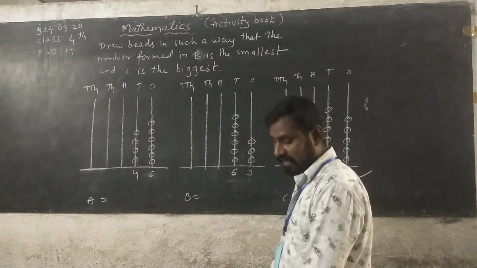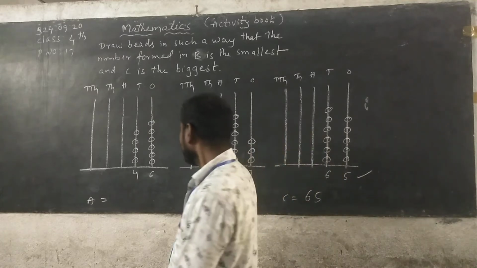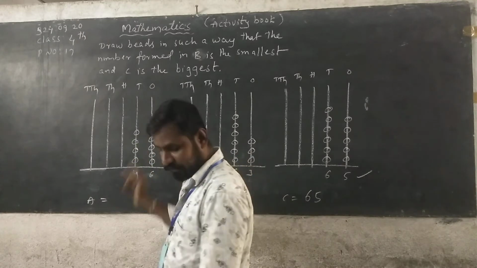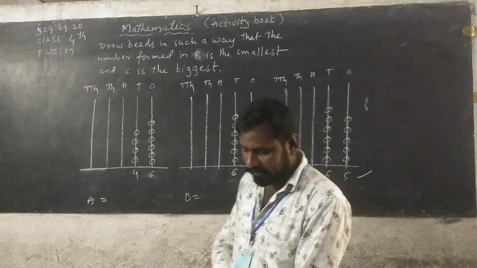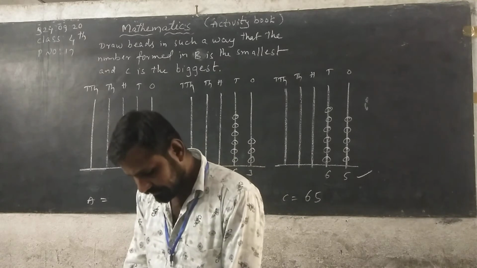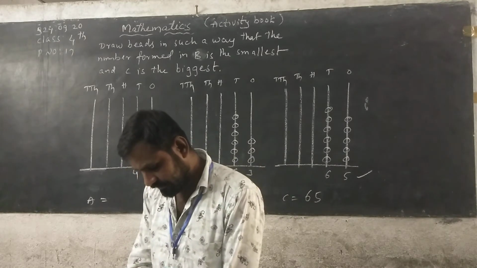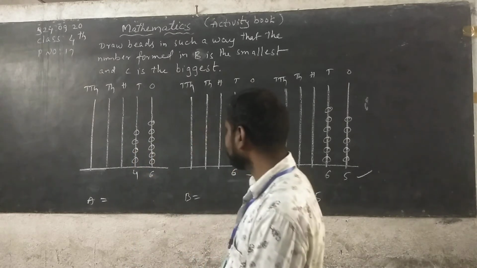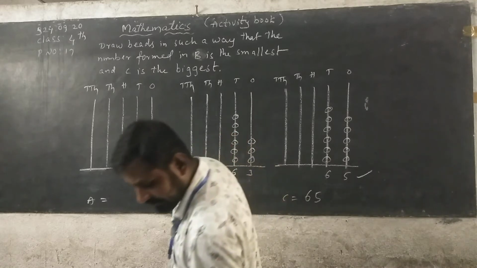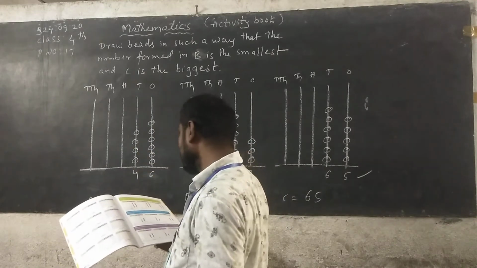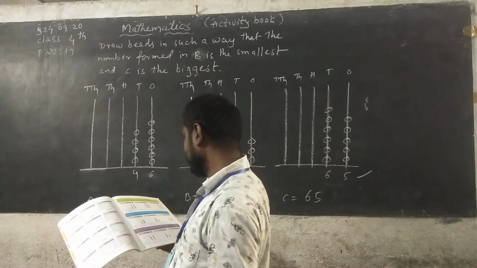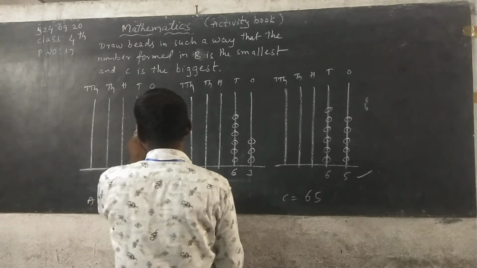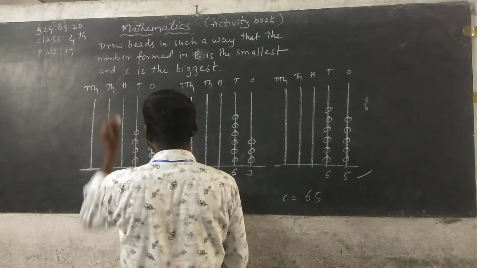See here, how many beads are there in ones place? 6 beads. Here 4 beads are there. Now I am taking two beads to tens place.